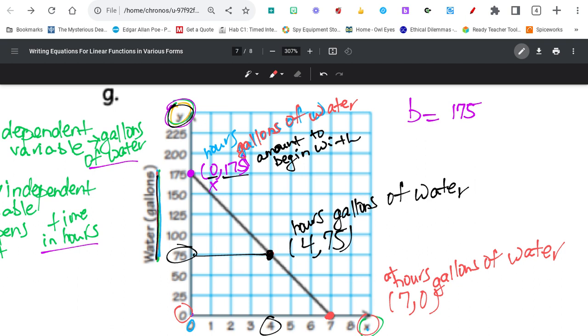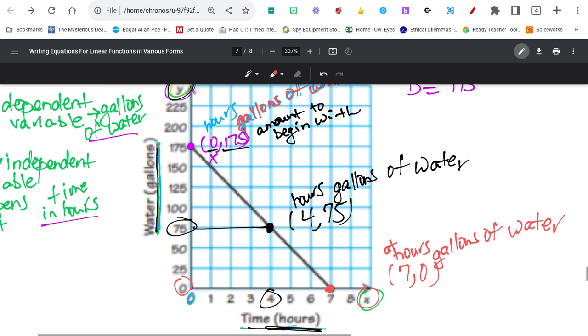And then this is the amount after 4 hours, and this is the amount of water after 7 hours. So clearly you can tell in the beginning it was 175 gallons, and after 4 hours, only 75, and after 7 hours, there was none.